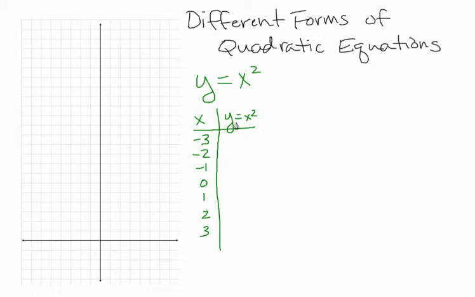Well, -3 squared is positive 9, -2 squared is positive 4, -1 squared is positive 1, 0 squared is 0, 1 squared is 1, 2 squared is 4, and 3 squared is 9.